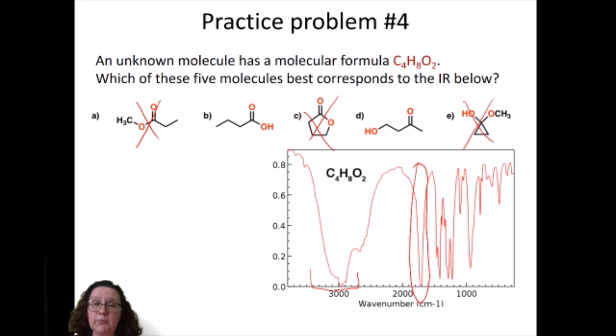From those two options, the most likely one is going to be B, because this shape of hydroxyl band, broad and overlapping the carbon-hydrogen stretch bands, is quite characteristic of a carboxylic acid, and is due to the strong hydrogen bond that is formed between the different molecules of acid interacting with each other.